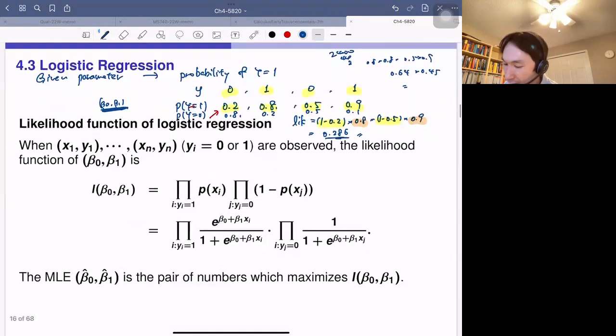If we write it as an equation, the likelihood function becomes this way.